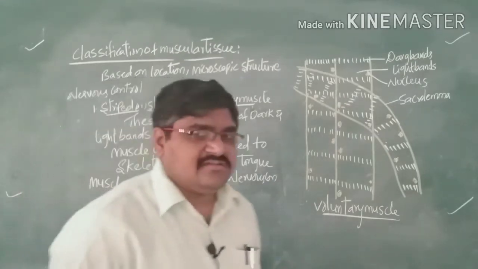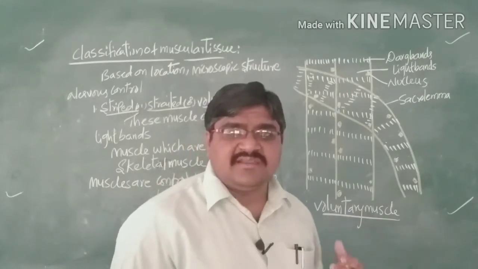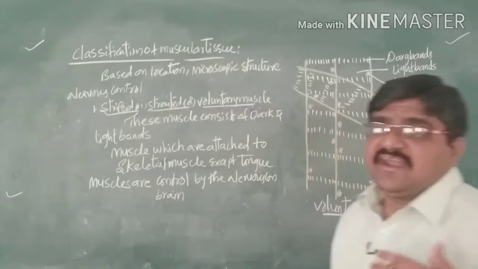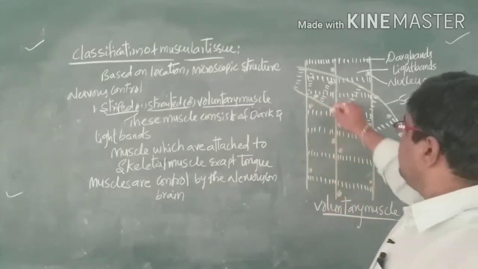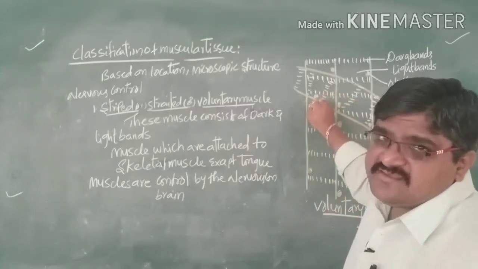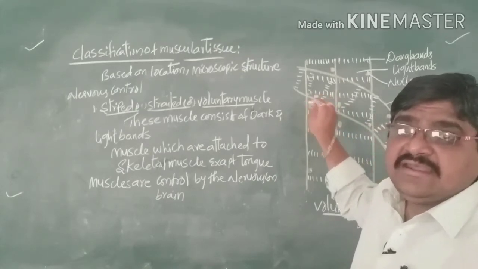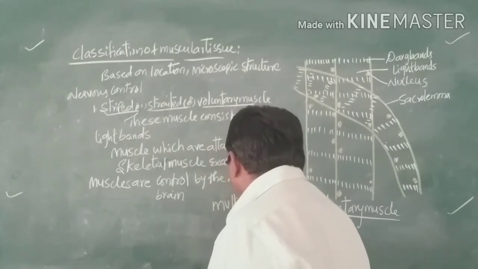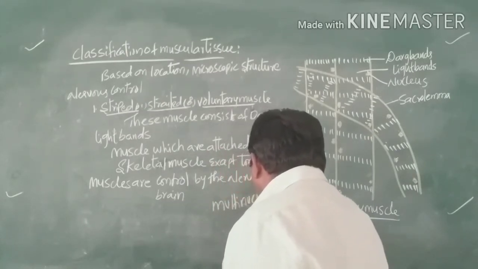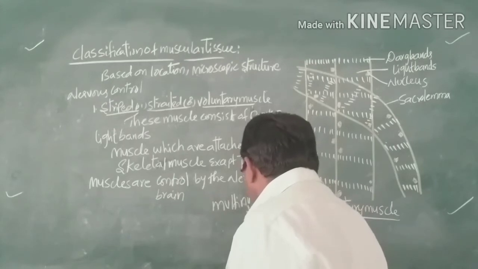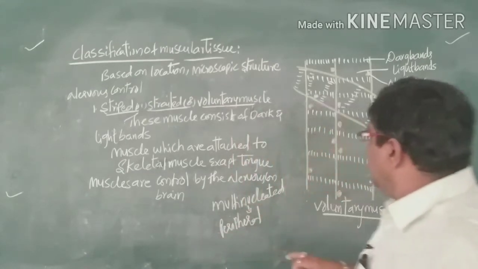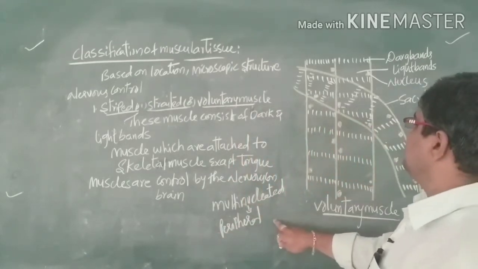So we can call them voluntary muscles, striped muscles, or striated muscles. Here we have the nucleus. In this, the nucleus is multinucleated, where the nuclei are present in the peripheral regions.